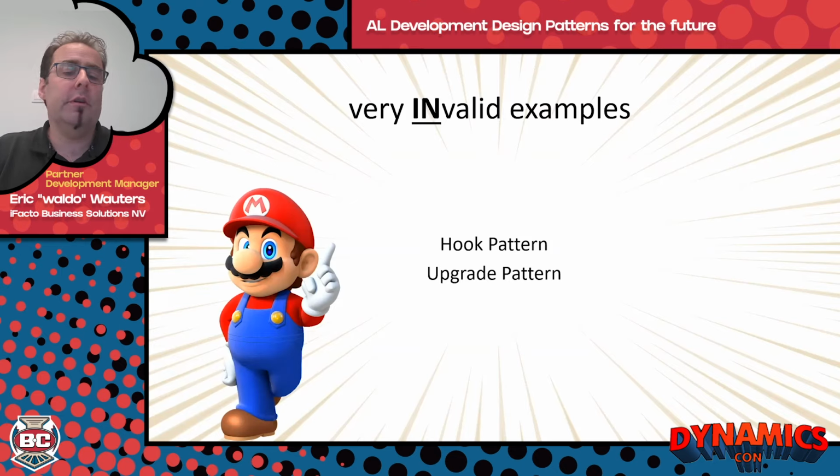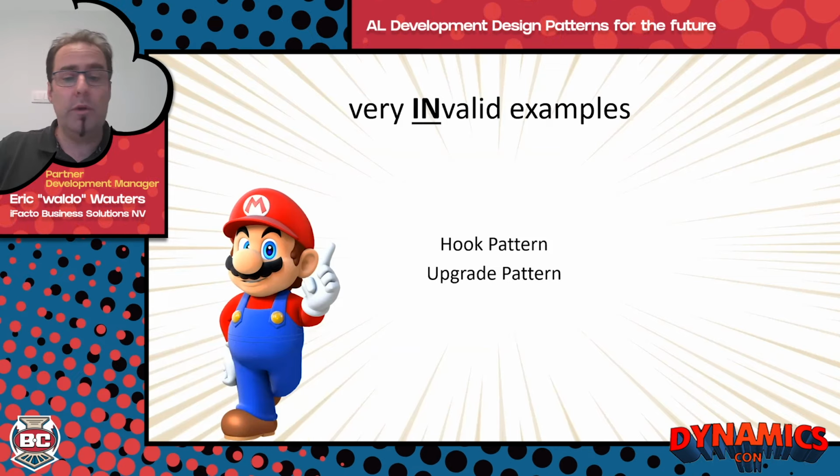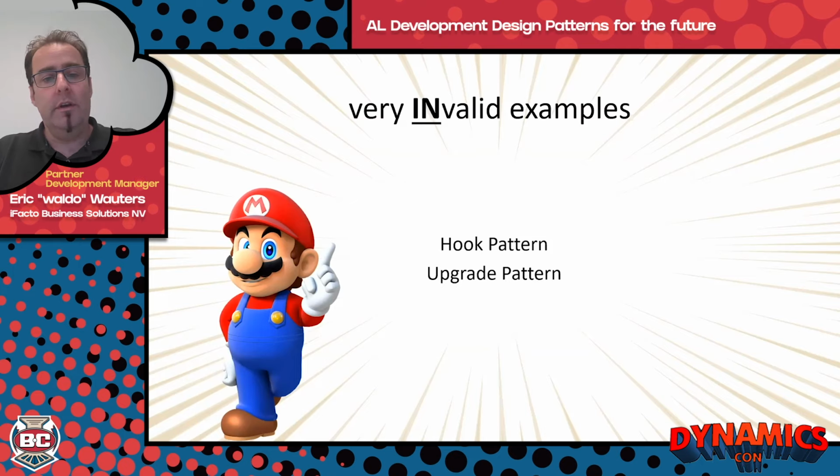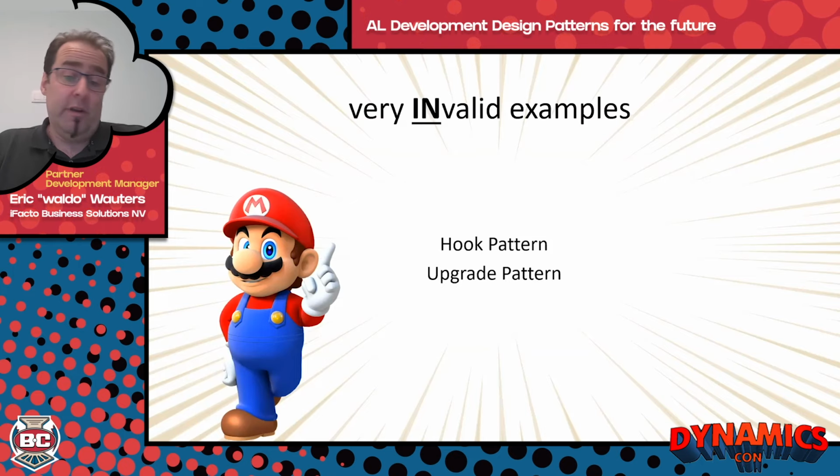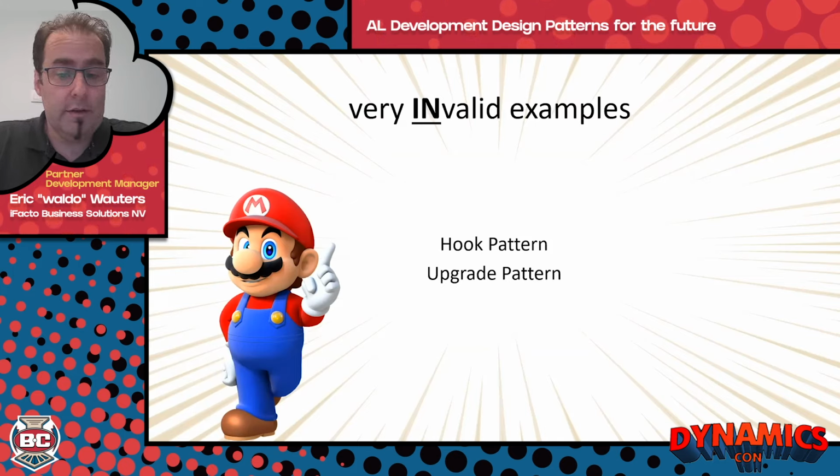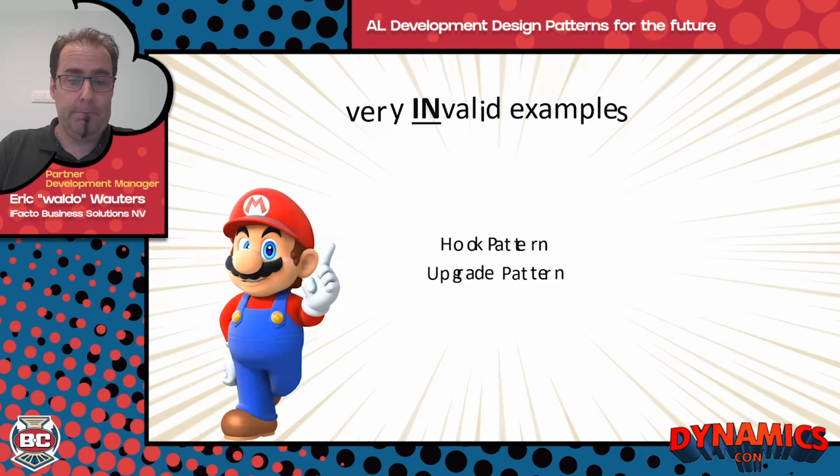The hook pattern is an example of that, and it is now completely redundant. You should not do anything with the hook pattern anymore, because now we have apps and we have events and so on that basically just replace whatever we were facilitating with the hook pattern. Same for upgrades. Upgrades are being done completely differently now. So this upgrade pattern is completely invalid now as we speak.